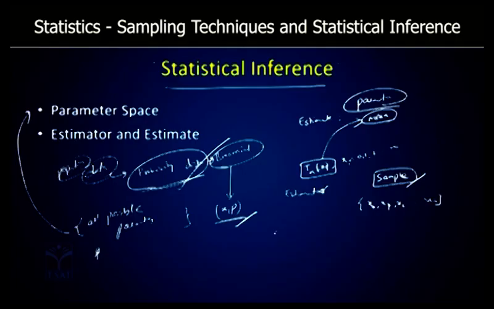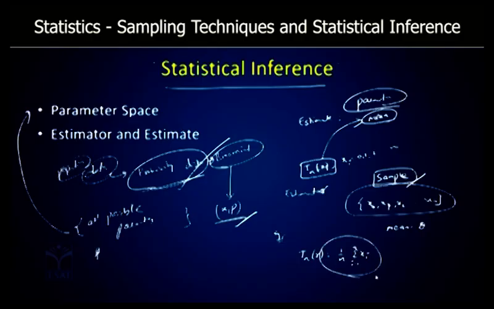Now, let us consider an example which we can clearly understand. Let us consider a parameter, the mean theta. Now I have a sample with values x1, x2, so on up to xn. So I have to write a function Tn of x. For the mean, what function do we write? 1/n into summation of xi, where i takes values 1 to n. So this is an estimator, an estimator for the population parameter theta.